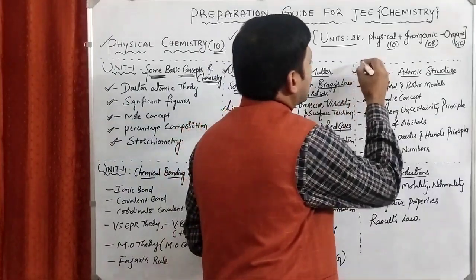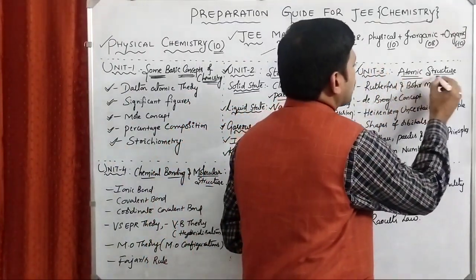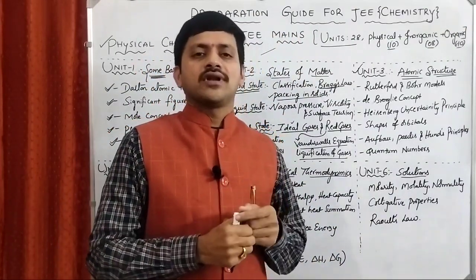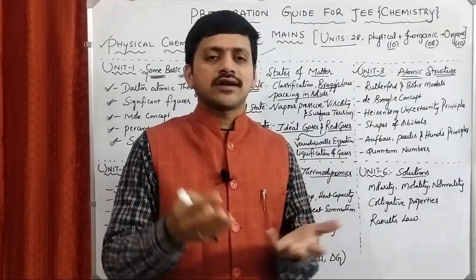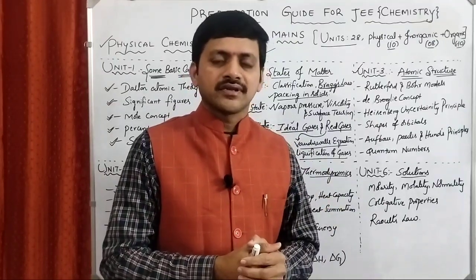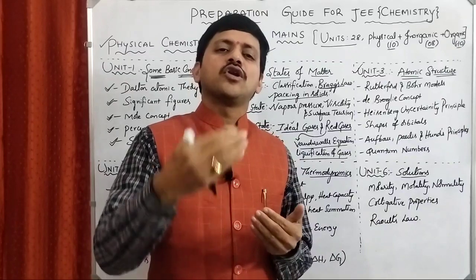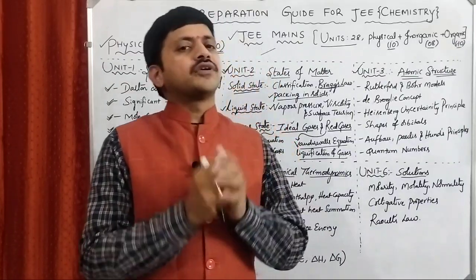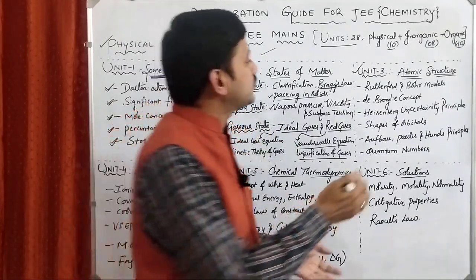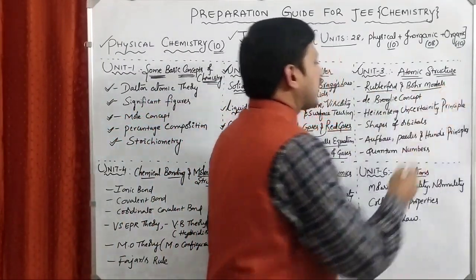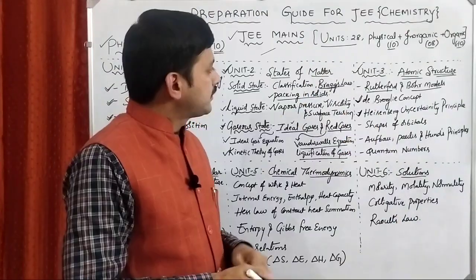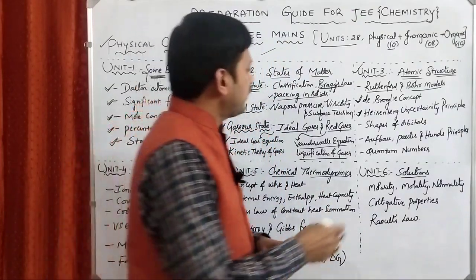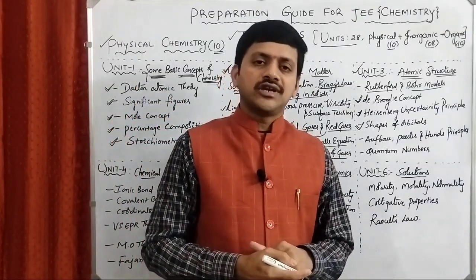Let's come to the third unit. Third unit is what? Atomic structure. Each and every student knows this particular atomic structure very well. Why? Because chemistry starts with the structure of the atom only. That's why everyone is familiar with it from the lower classes, where we had the Rutherford model and Bohr model. So here also, Rutherford and Bohr atomic models, followed by the de Broglie concept and Heisenberg uncertainty principle, followed by shapes of orbitals.